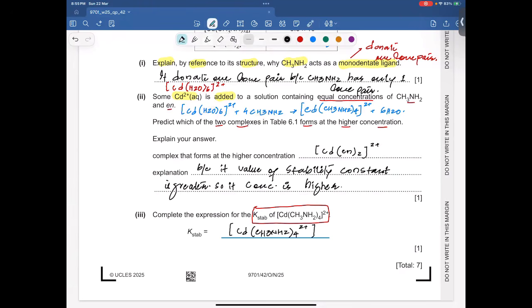I'm going to write both of them. So it's basically [Cd(H2O)6] 2+, charge inside the bracket, and CH3NH2. Since we have 4 moles, the number of moles has to be in the power, so I'm going to write 4 here. And in the stability constant expression, I'm going to ignore water. So that's the end of this question number 6, I believe.